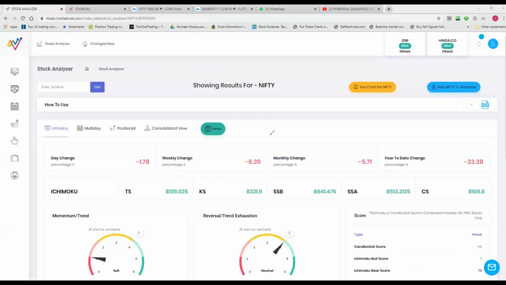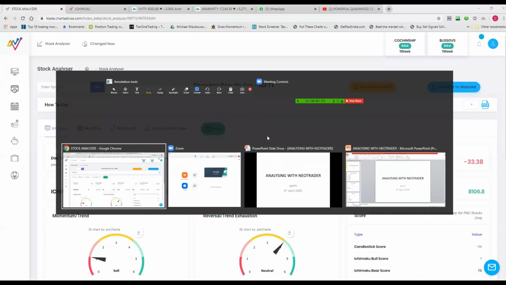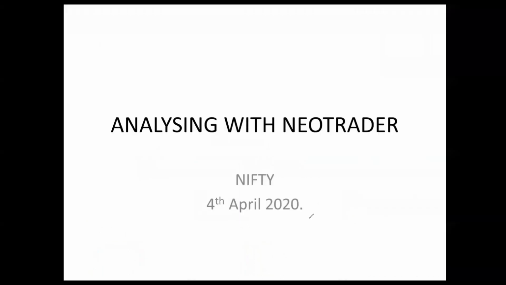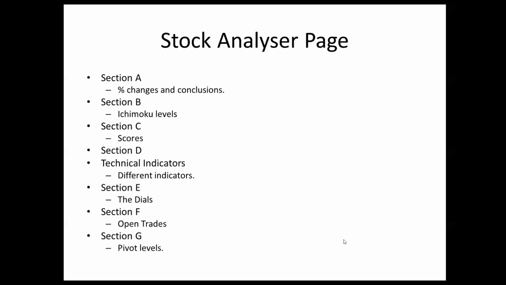Now if you go to the stock analyzer page, you have it divided into several sections. Each of these sections can be used by you for analyzing that particular instrument, in today's case, the Nifty. There are sections A through G that I have marked. I'll go into each section individually. Section A shows percentage changes and conclusions associated with that, and section B shows Ichimoku levels.